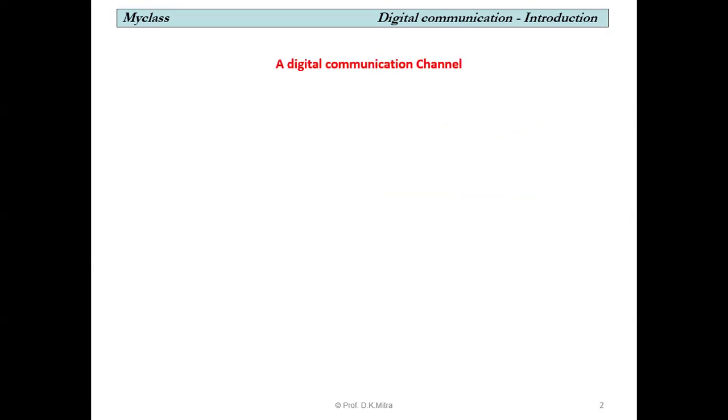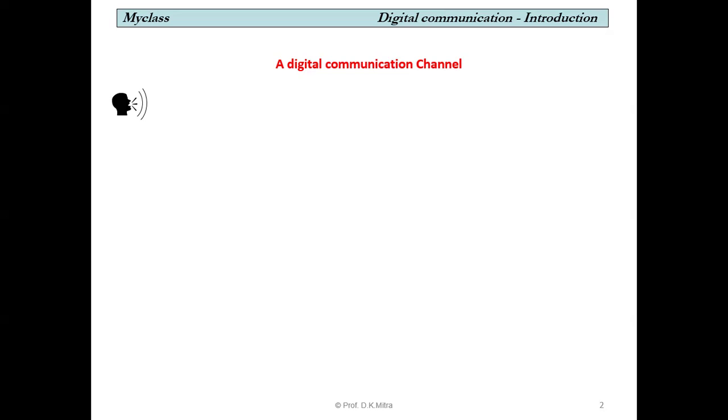Next, we go to a digital communication channel. Now, in this channel picture, I'll show you a complete channel, which you will find difficult to understand today, but just keep the diagram in mind, because each part of the channel is a separate subject in your engineering course.